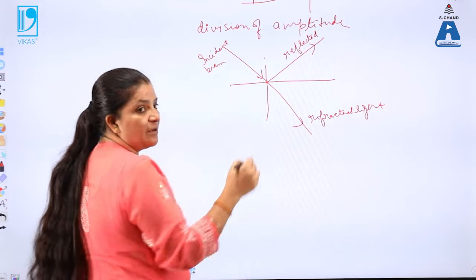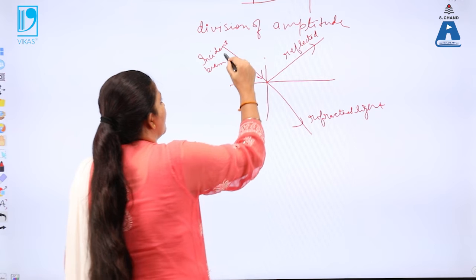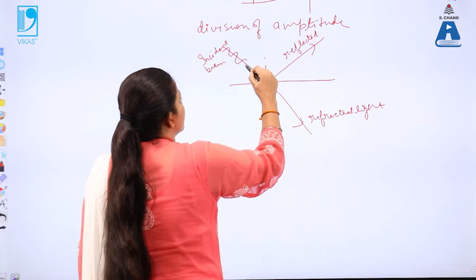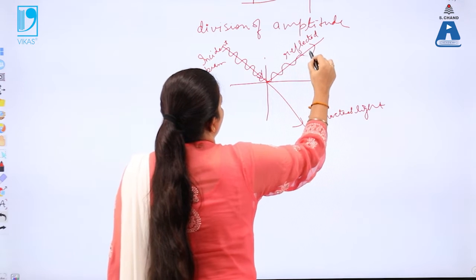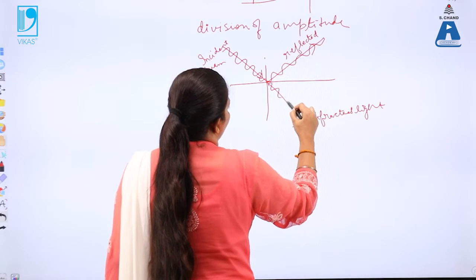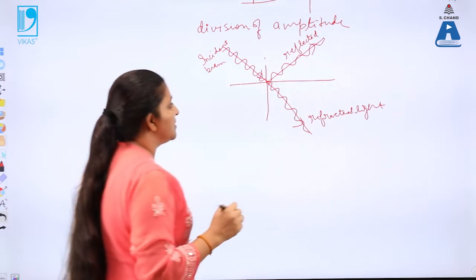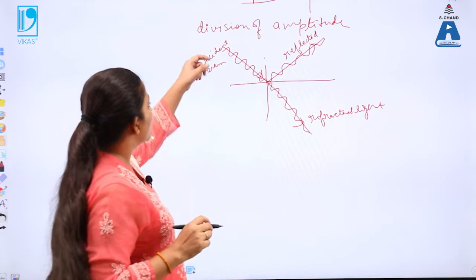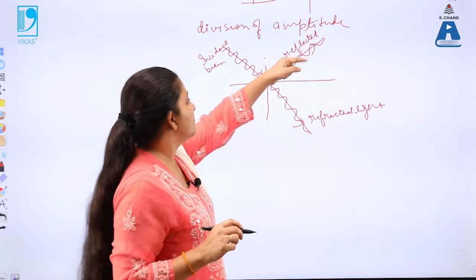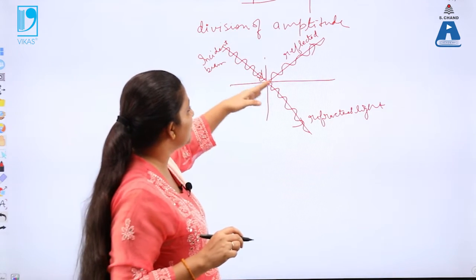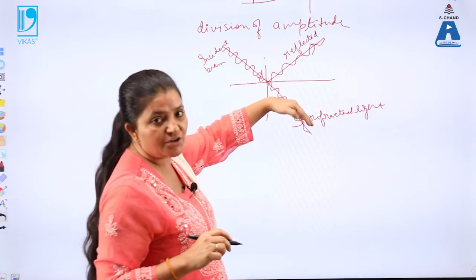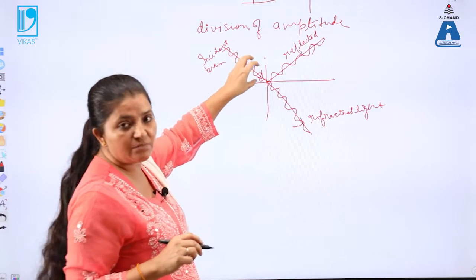Now if this is a beam, it can be represented in the form of a wave here. This is the incident beam. There is a reflected beam here, and some part is reflected here. In this case the angle, phase and frequency remain the same, but on partial reflection or refraction the amplitude of the beam is divided.